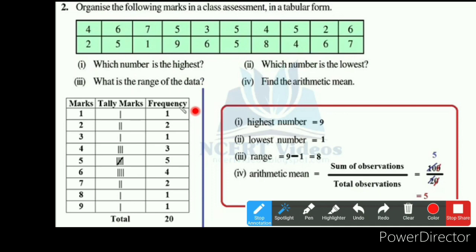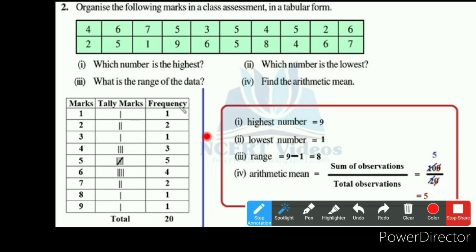Next, 2 marks scored by 2 students, so 2 tally marks and 2 in number. Next, 3 marks scored by only 1 student, so 1 tally mark and 1. 4 marks scored by 3 students, so 3 tally marks and 3 in number.